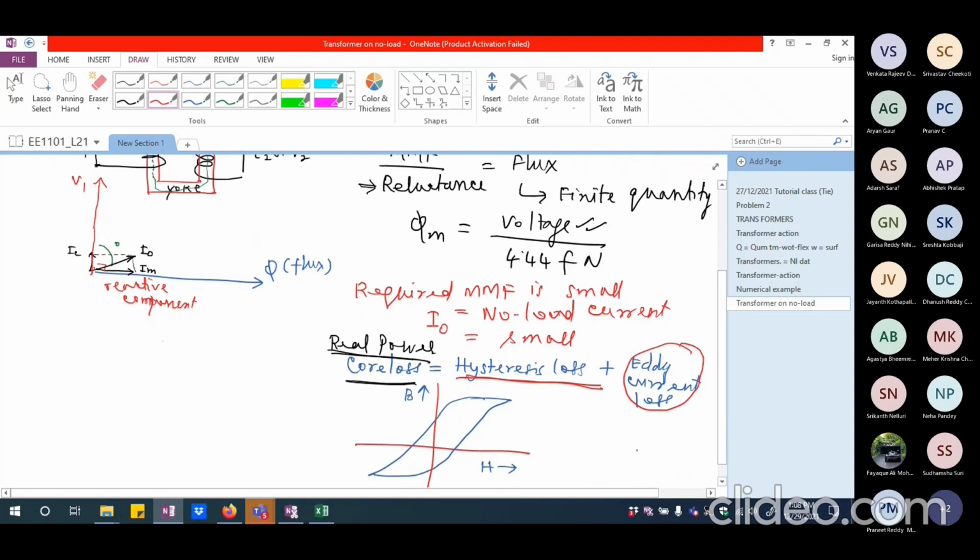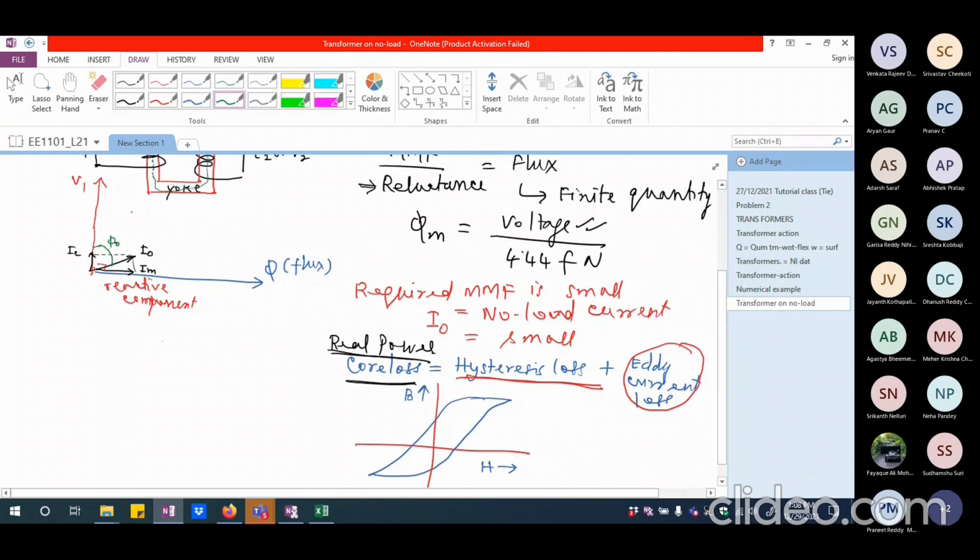So if I have more cycles per second, I'm going to have a higher wattage loss. So I will have this as my magnetizing current and this as the core loss component of current, and the summation of these two gives me what is known as the no load current.